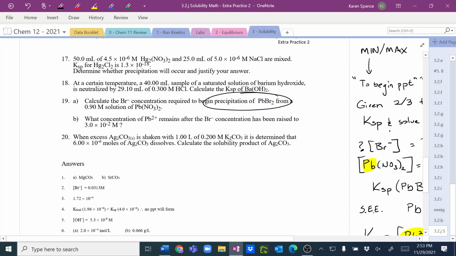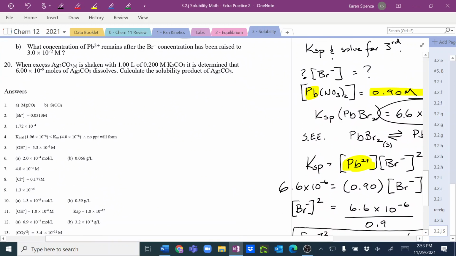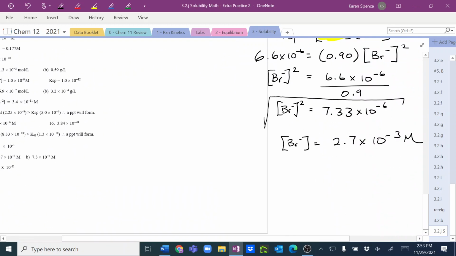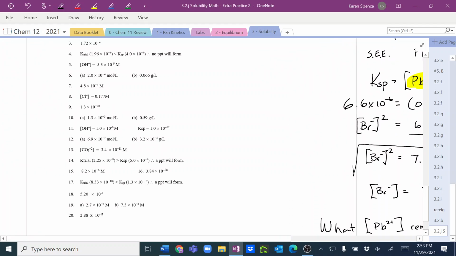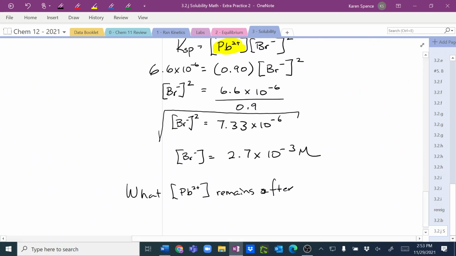Number 19, part B: what concentration, oh, this one's the tricky one. What concentration of lead remains after Br has been raised to 3.0 times 10 to the minus 2 molar?